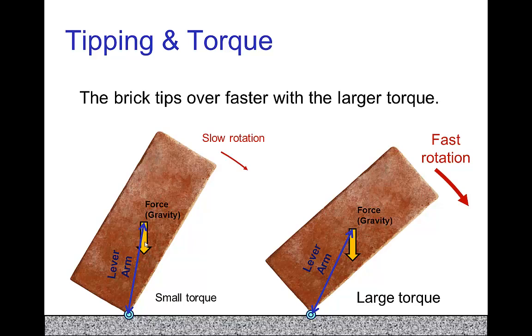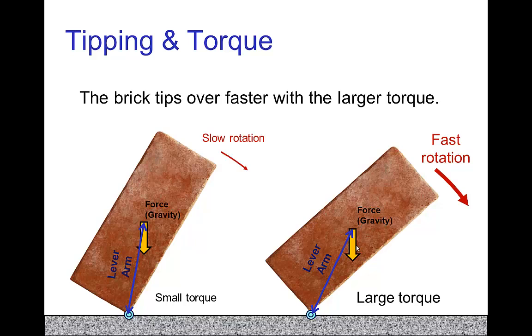At this point, it's a small torque because the force of gravity is pointing more or less in the same direction as the lever arm. In fact, if it pointed exactly in the direction of the lever arm, we'd have no torque, and the brick would be precariously balanced. In this case, it's a little bit off balance, and so we have a little bit of a torque causing a bit of a rotation.